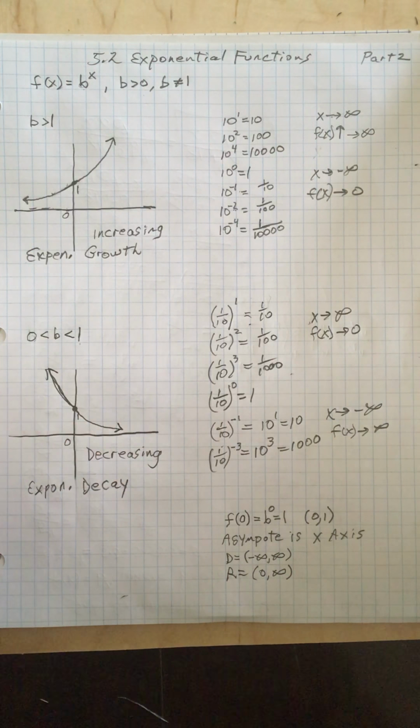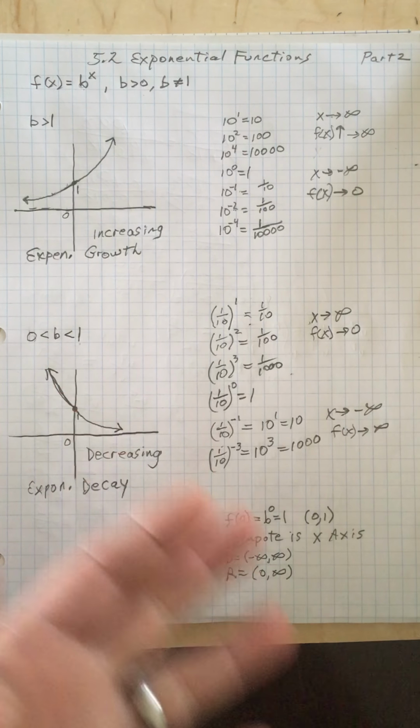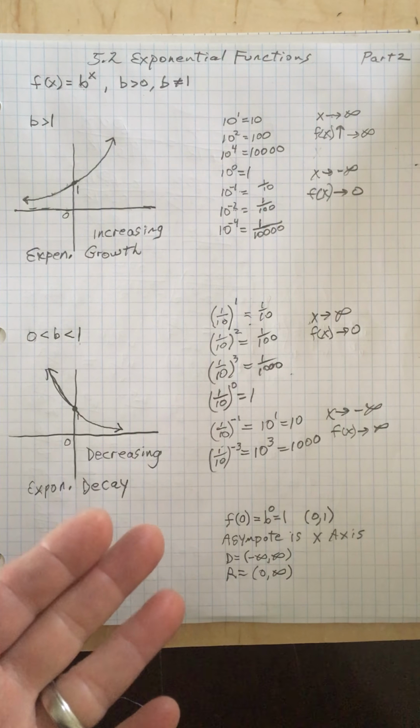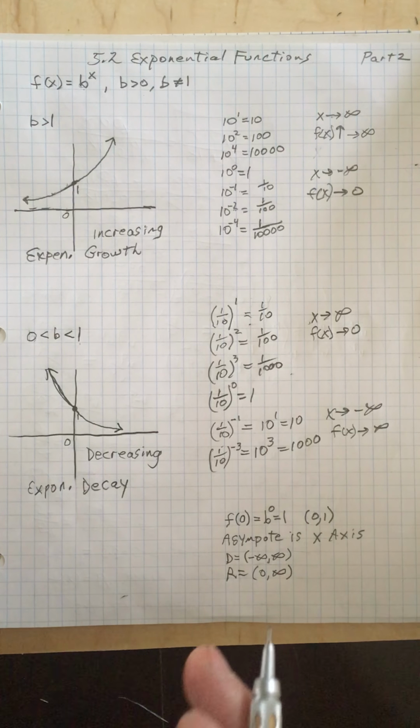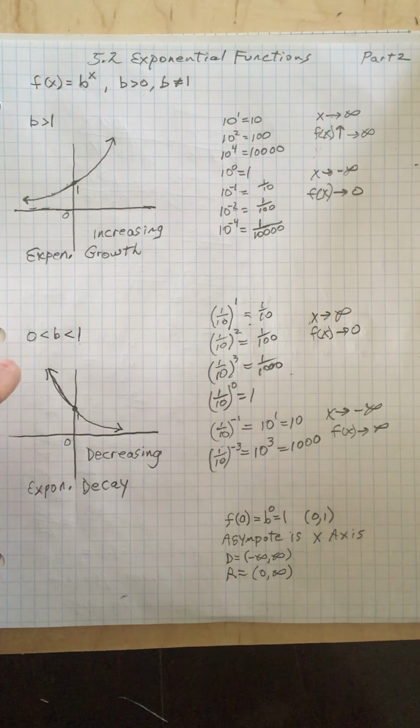And this can be used for other kinds of decay problems, like for instance carbon-14. We'll probably run into an example or a homework problem of that, where the carbon-14 molecule disintegrates over time at a certain rate, and that's a decreasing situation, so it's an exponential decay.